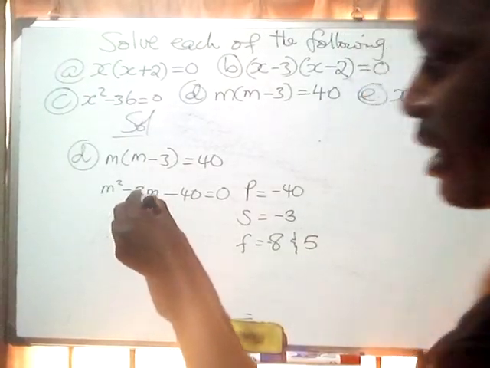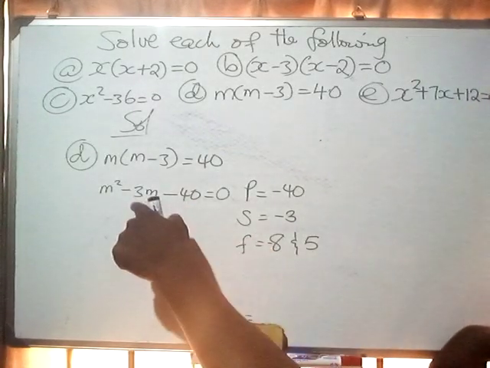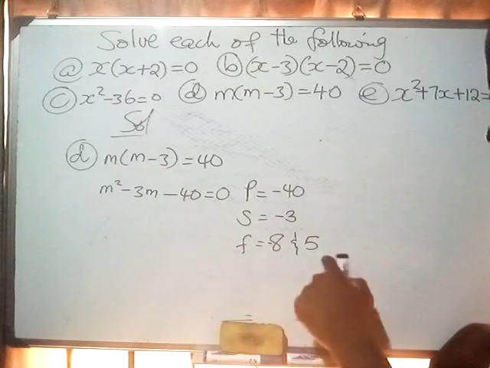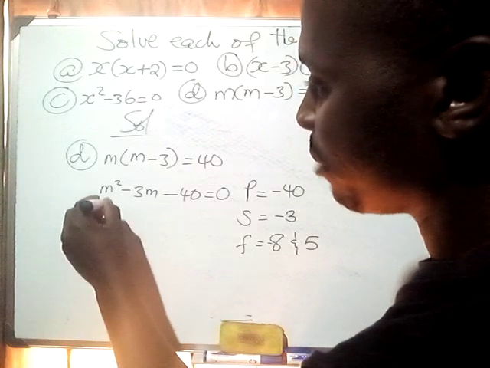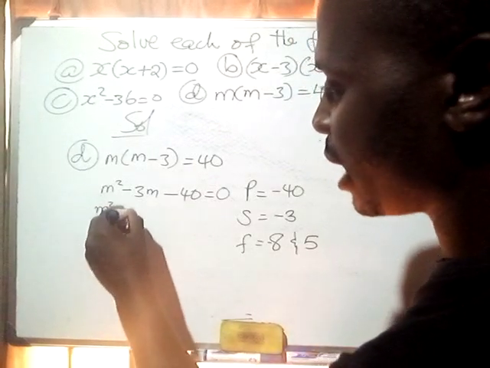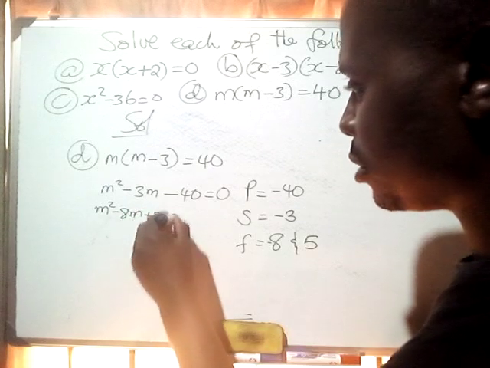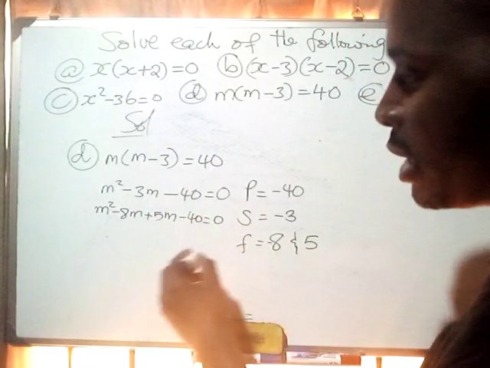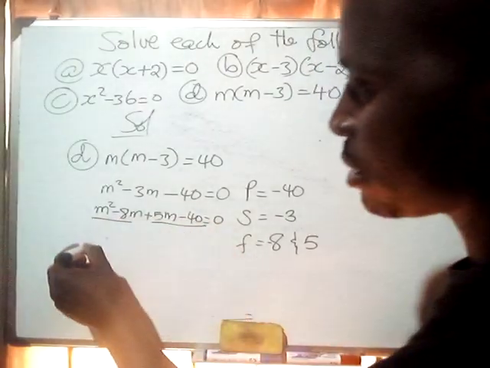So where there is 3m, it will be replaced by these two factors with their signs. So we are going to have m squared minus 8m, then plus 5m minus 40 is equal to 0. So we factorize this one and this one separately.